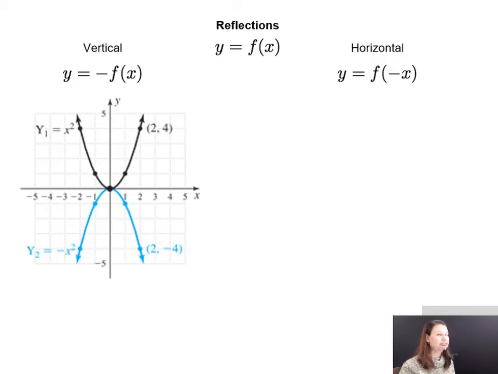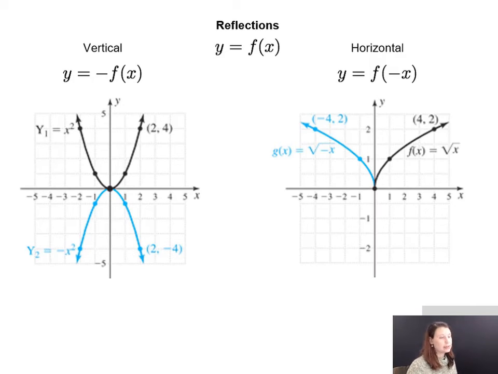Now the negative is in with the x, meaning it's affecting the x first. So that means it's changing the x's that you plug in, more or less. So it reflects across the y-axis on this one. So this one is y-axis.